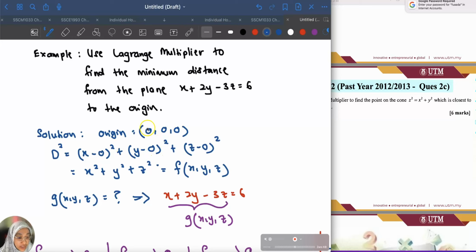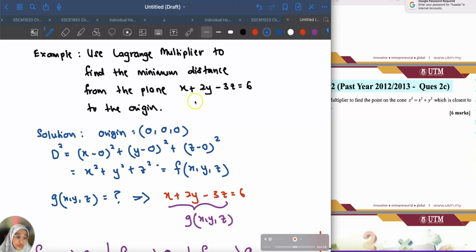As we know, the origin is 0, 0, 0. So we replace the 0, 0 and 0 here, and the function is d squared, not d but d squared, equal to x squared plus y squared plus z squared. Okay, so that is the function.